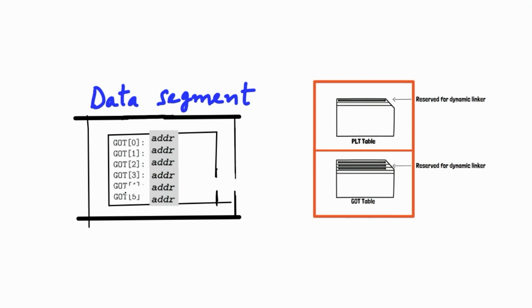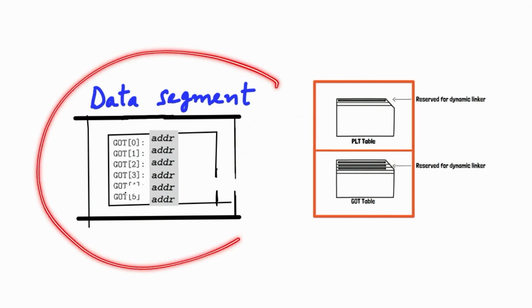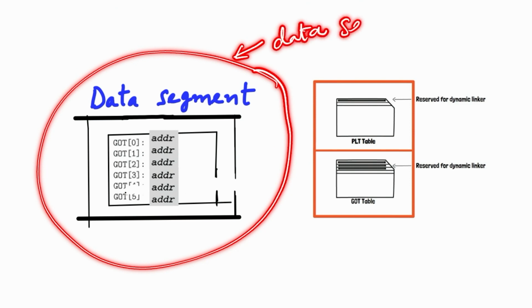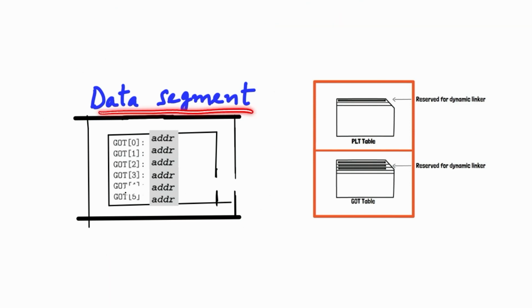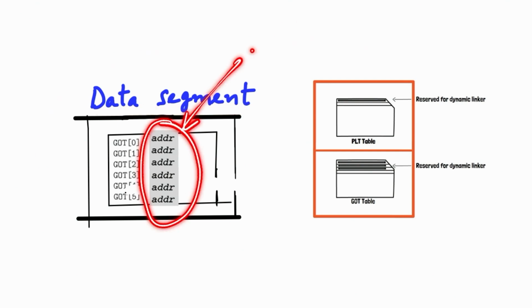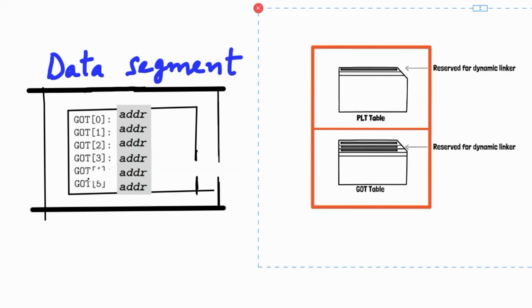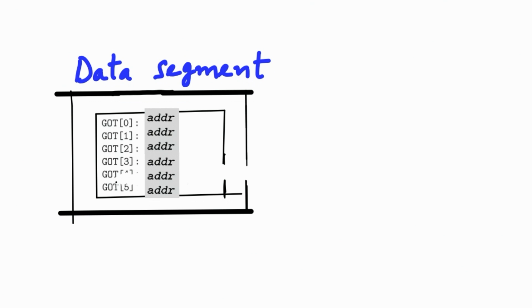Let's revisit the original diagram from earlier and extract the GOT table for a closer examination. As the GOT table addresses are writable, they find their home in the data segment in the binary. The GOT table is usually initialized with addresses during the compilation process. Let's enhance this GOT table in the diagram with some more realistic data to make it clearer.